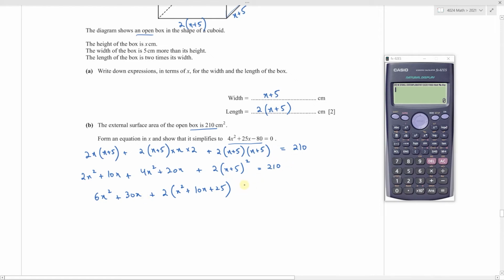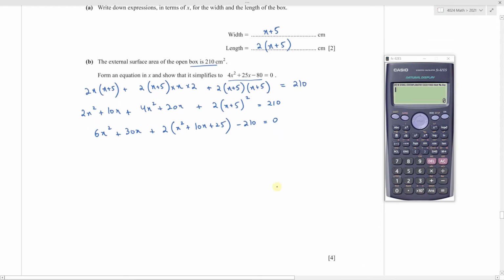And let's bring this 210 here, minus 210 equals 0. We'll open this bracket, plus 2x squared plus 20x plus 50 minus 210 equals 0.